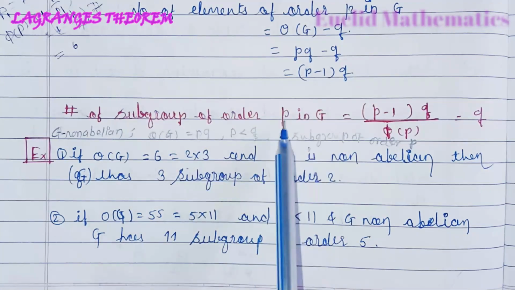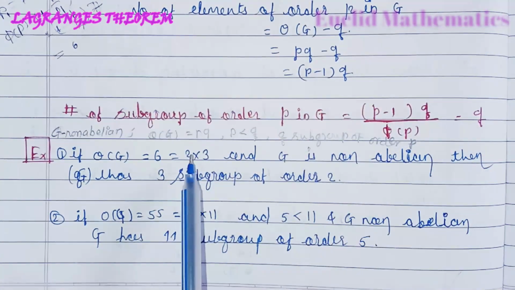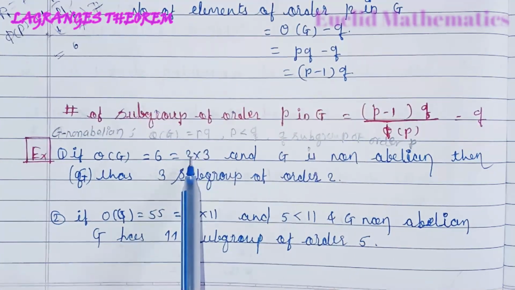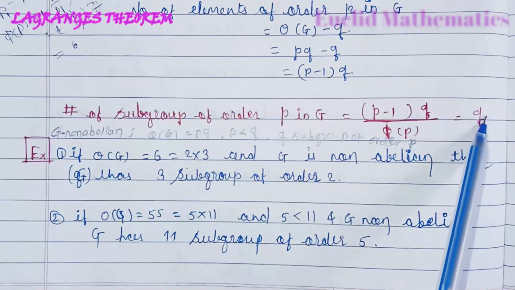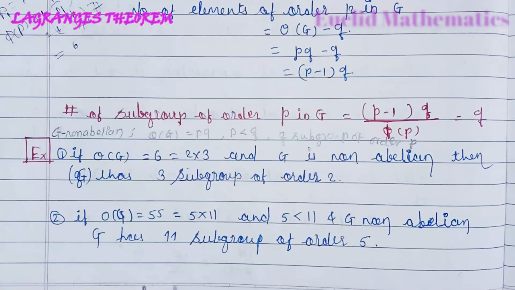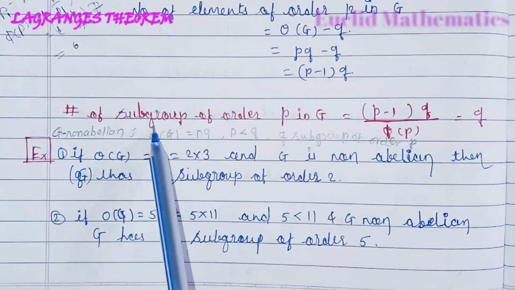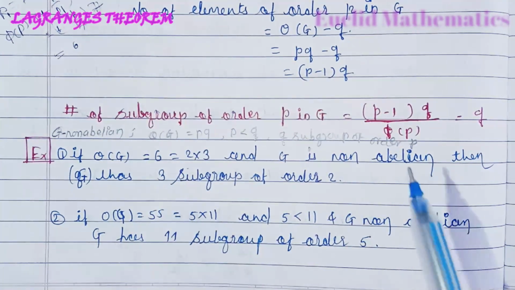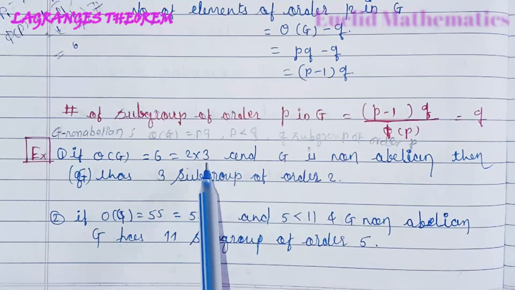Here p is smaller and q is bigger, so there are 3 subgroups of order 2. This one is easier. Using the above property, you can say without finding the subgroups that the number of subgroups of order 3 is 2.